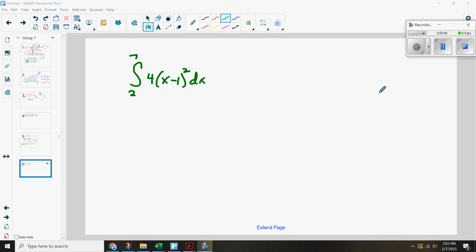Let's try another. So again, I'm going to start with my delta x. And delta x is b minus a divided by n. So it's 7 minus 2 over n. Each time I move a little notch over on my x, it's going to be 5 over n.